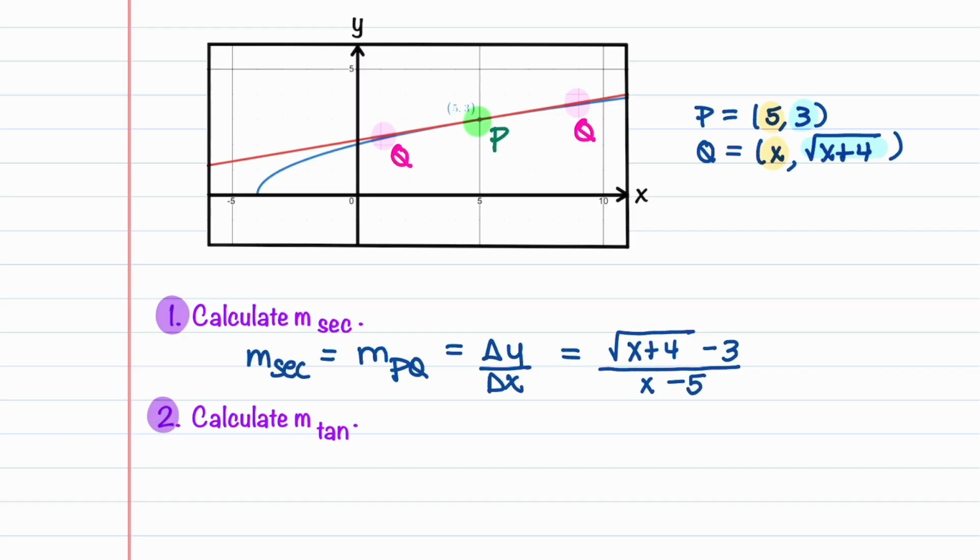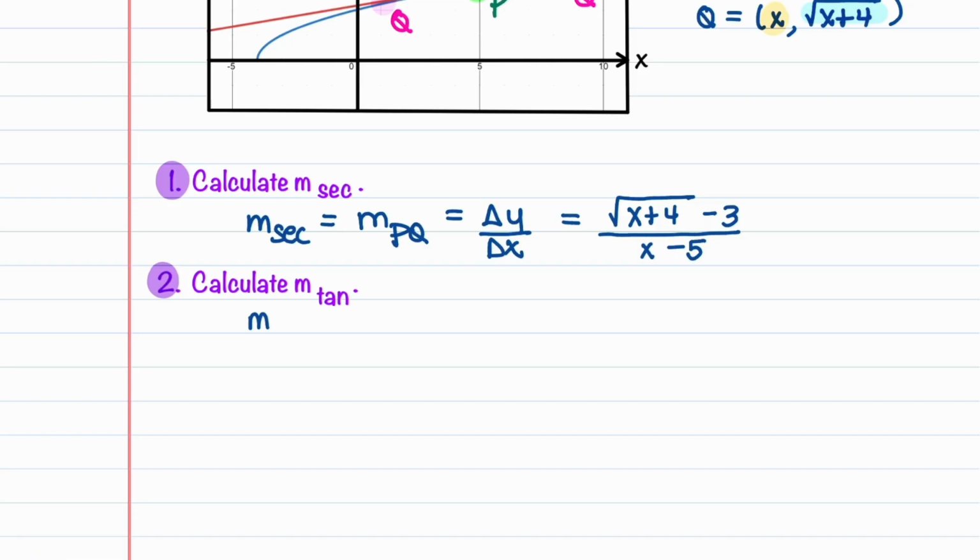Our second step is to calculate the slope of the tangent line. Let's start by writing down that formula. m sub tangent is equal to the limit as Q approaches P of the slope of the secant line.